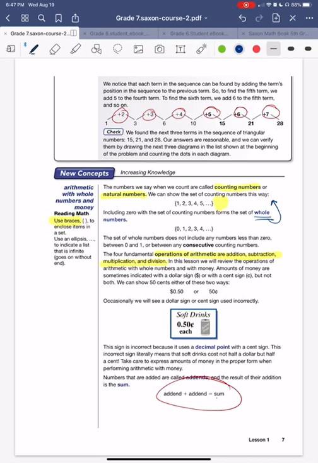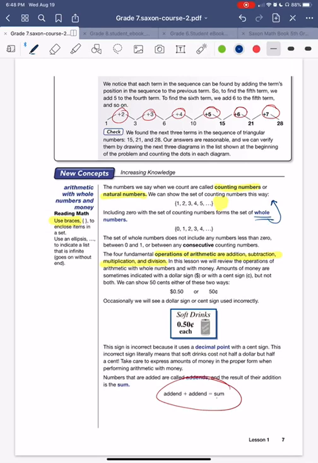So our whole numbers are 0, 1, 2, 3, 4, 5, 6, and so forth. The set of whole numbers does not include any numbers less than 0. So whole numbers cannot include any negative numbers.